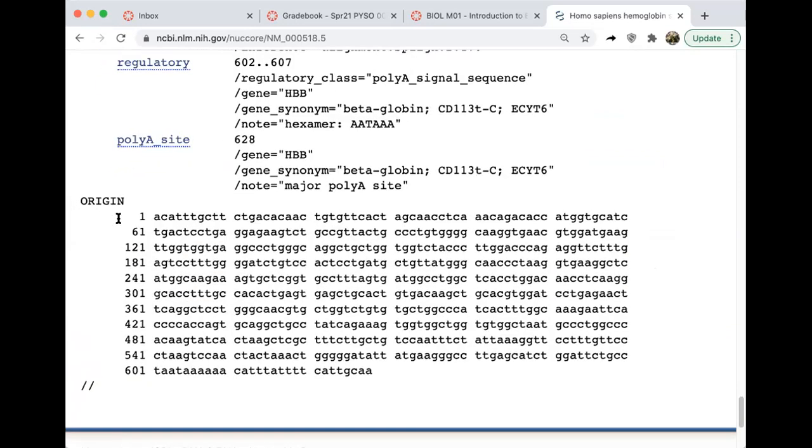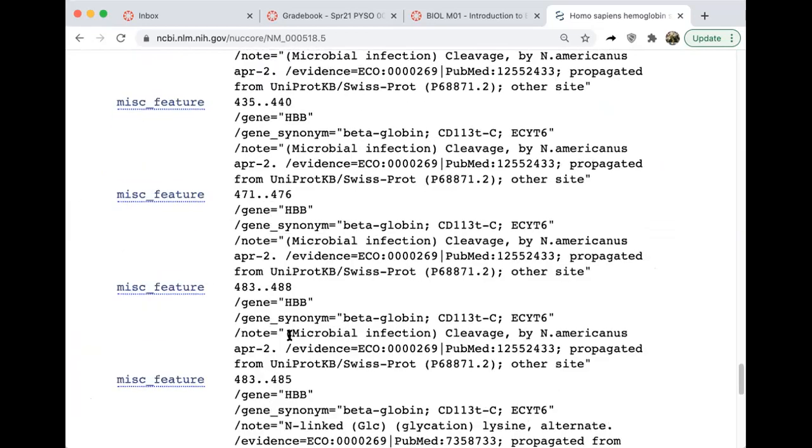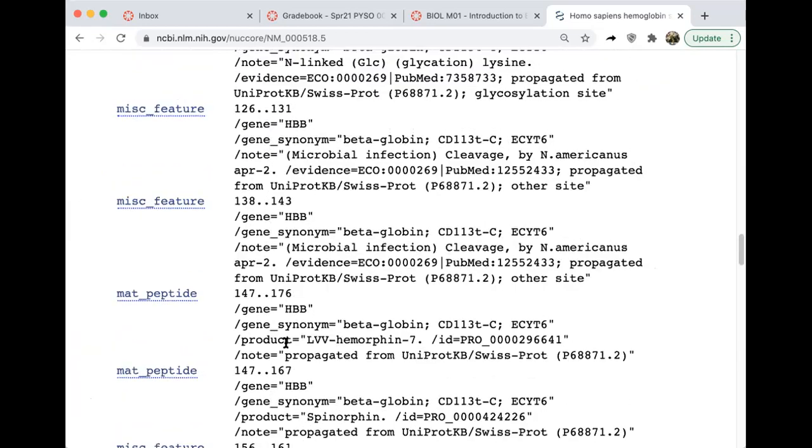This is the gene sequence for hemoglobin. You'll see that it's different combinations of A's, C's, G's, and T's, because recall that genes are going to be DNA code.